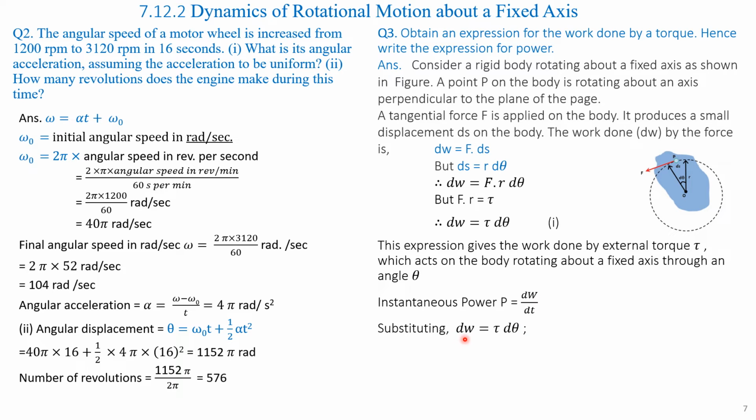Substituting dW is equal to tau d theta, from equation 1, we get P is equal to tau into d theta by dt. Hence P is equal to tau into omega, because angular velocity d theta by dt is omega.